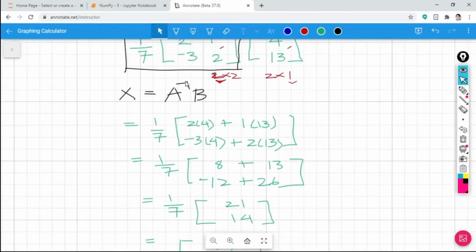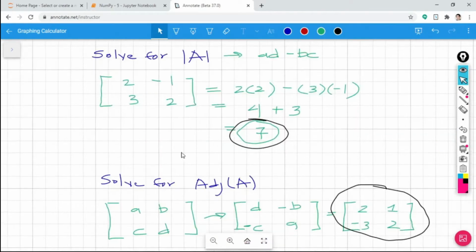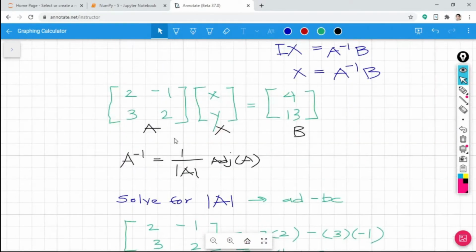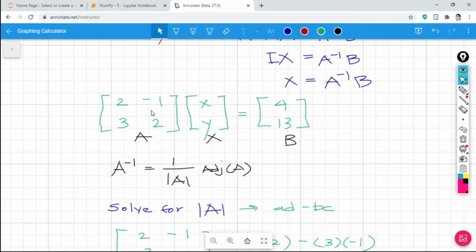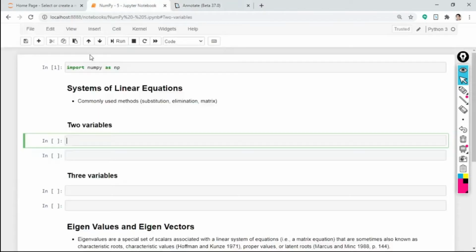Let me adjust again. So I'll look for the specific given. So given 2, 1, 3, 2, okay. So we will define specifically, what will be the specific solution? So let us execute this using the NumPy library.